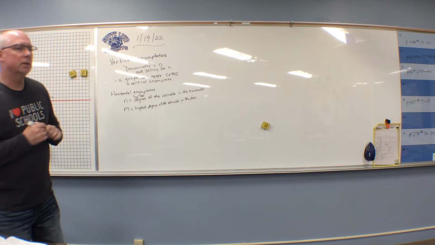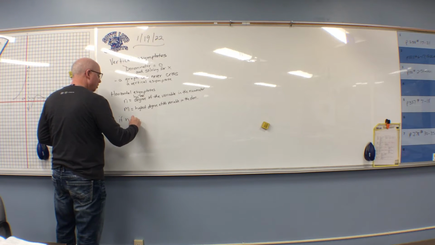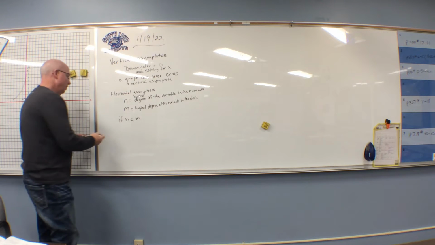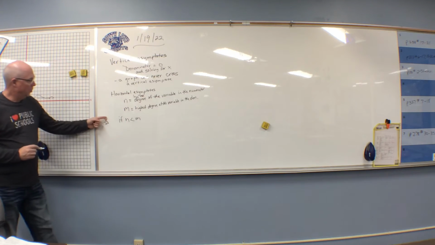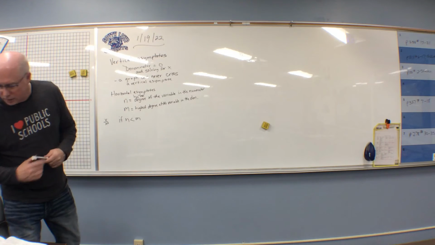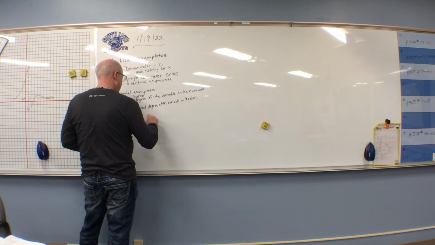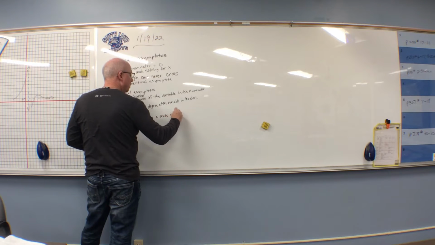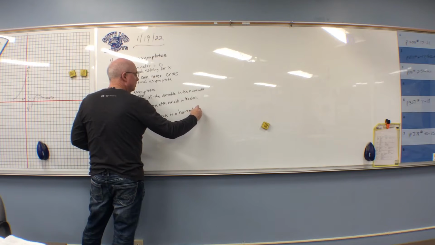I'm going to give you some rules. The first one is if the highest degree in the numerator is smaller than the highest degree in the denominator. So maybe you have an x over x squared, where the degree is 1 and this is 2. If this is the case, the x-axis is a horizontal asymptote.